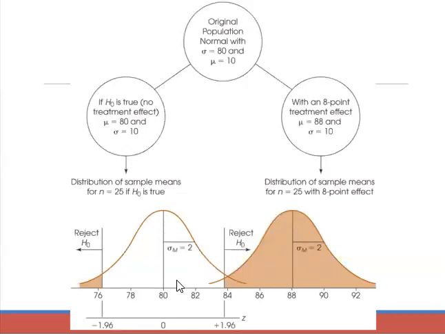If you really have an 8-point difference, then almost every mean that you find would be in that region. So the probability of rejecting the null hypothesis, the power, is nearly 100% if there's actually an 8-point treatment effect. This would be a study with a lot of power.